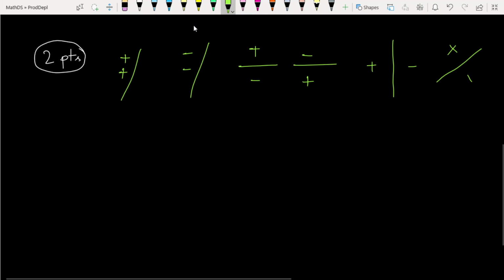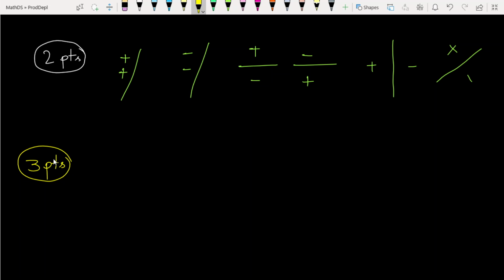Okay, now let's see it through three points. Suppose we have two plus and one minus. Yes, it is possible. If it is plus plus minus, yes. If it is minus minus plus, yes.